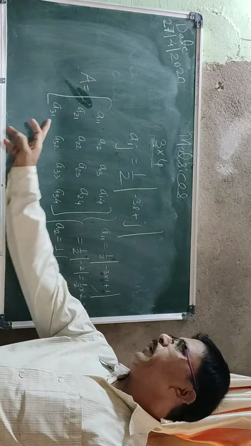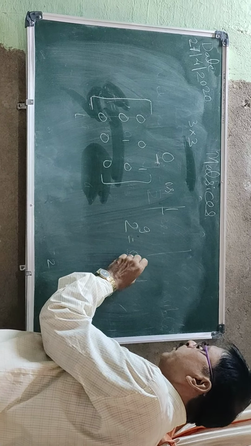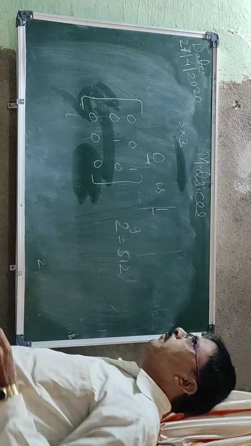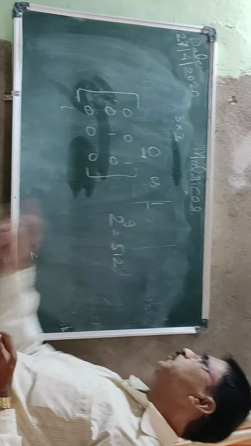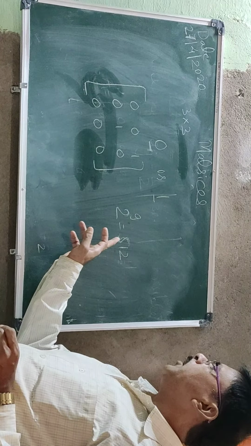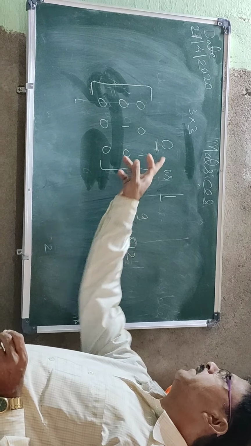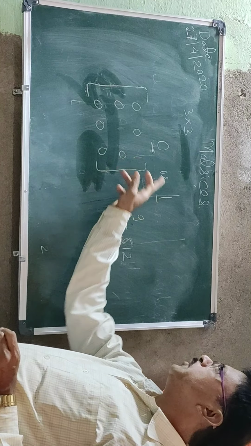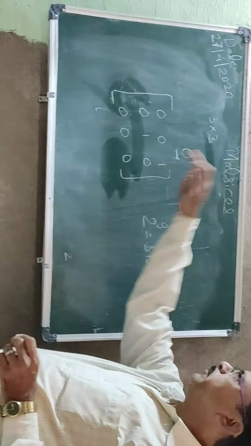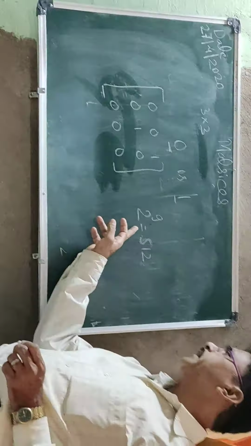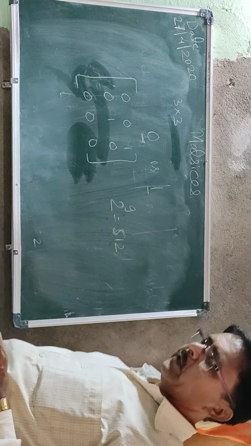So there are 2 raised to 9 possibilities, because there are 2 choices for each element and the total number of elements in the matrix is 9. So 2 raised to 9 means 512 matrices we can form with the elements 0 and 1 and order 3 by 3. So the total number of matrices we can form is 512.